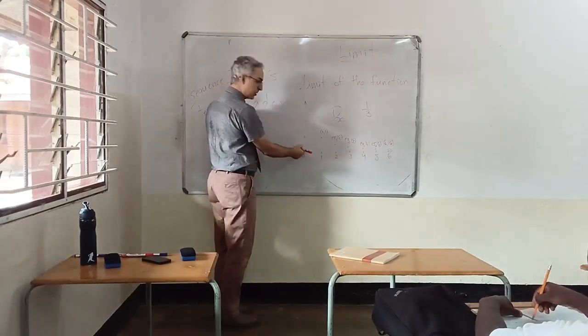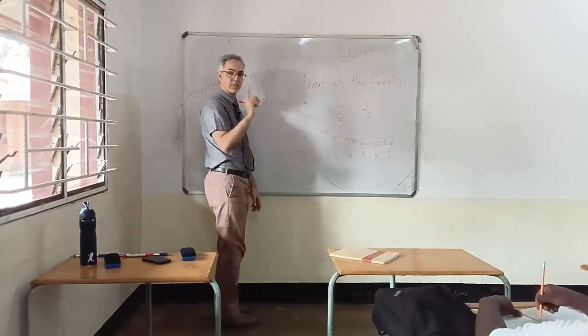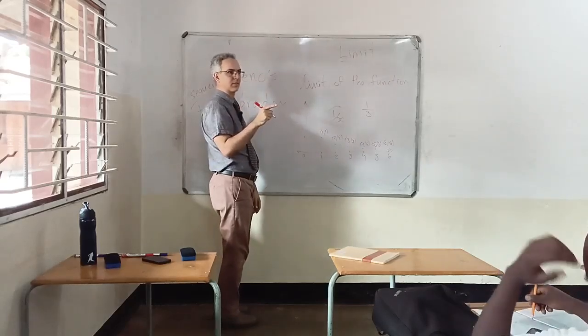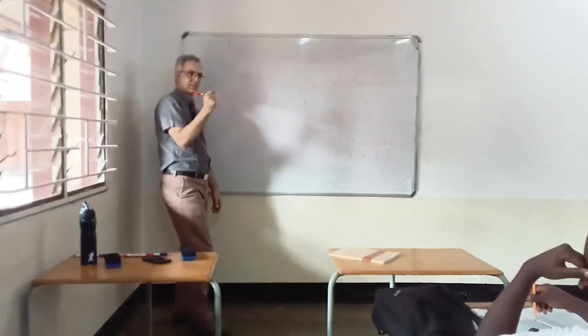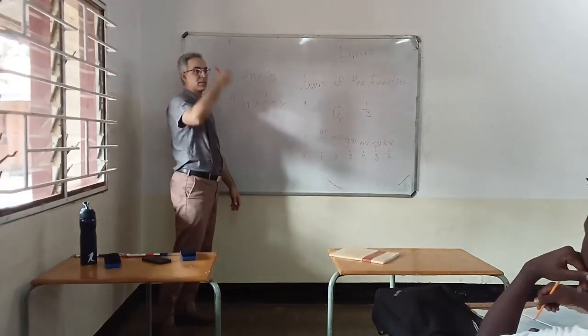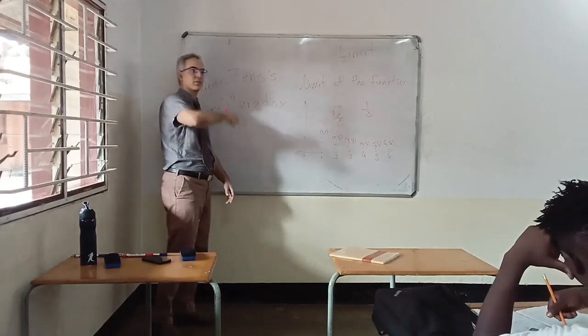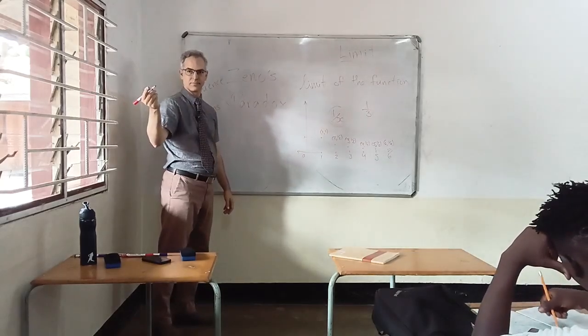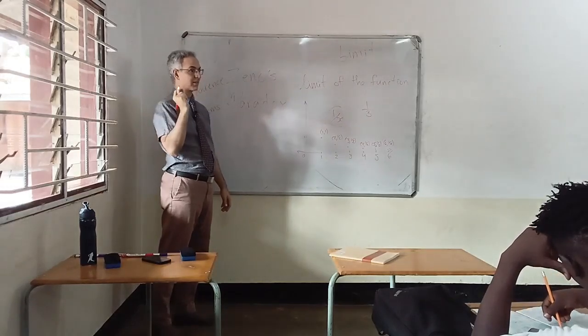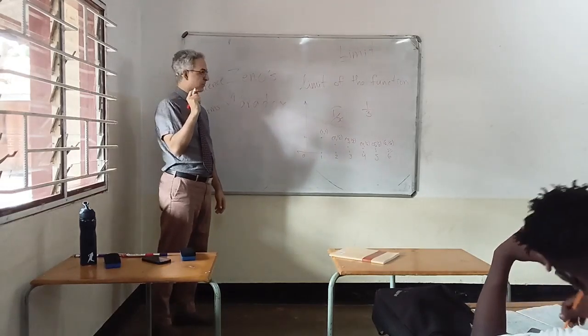But is it 0? It's not 0, right? 1 over 1,000,000 is something. It's a very small something, but it's something. 1 over 1,000,000,000. 1 over any number you want is very small, but it's something, right? It's not 0.